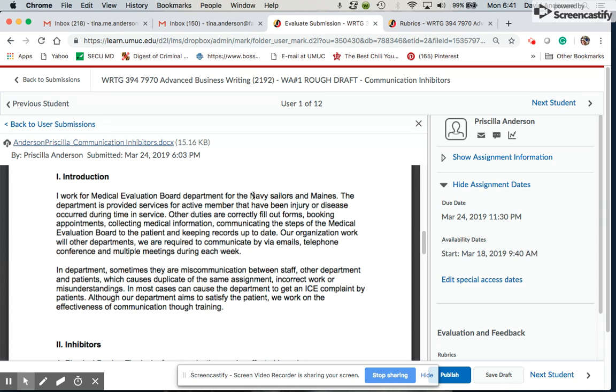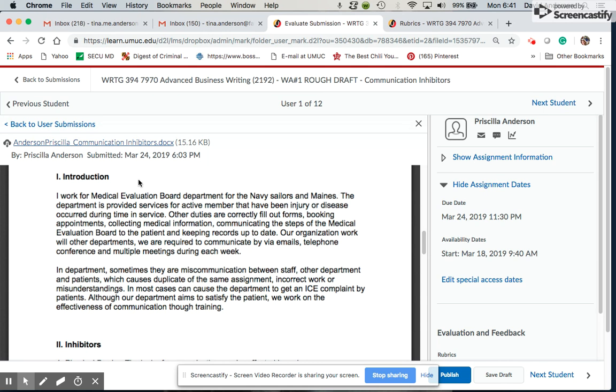If you're using Navy as one of the branches of service, and then identifying the type of service member in there, and then Marines and not identifying the person, that's what's considered not parallel. So I would recommend sentence number 1, I work for the Medical capital Evaluation capital Board capital Department capital for the Navy and Marines. And you want to check the spelling here.